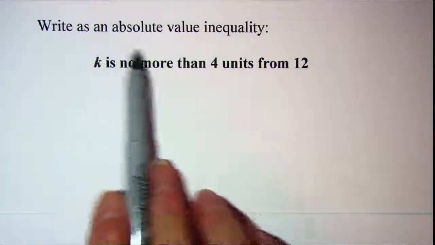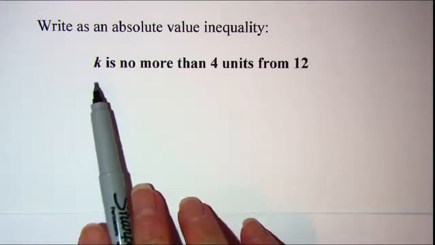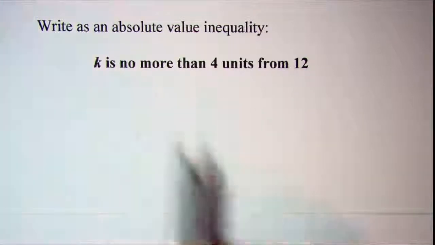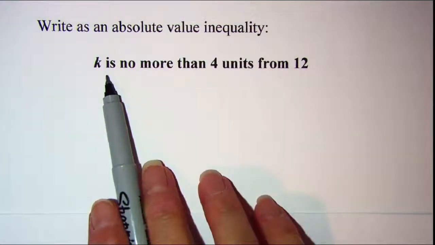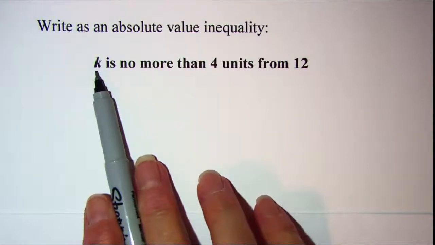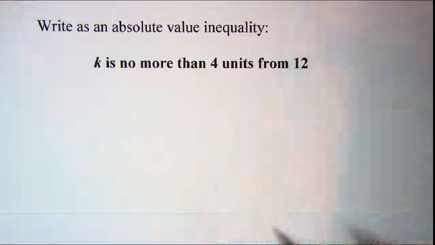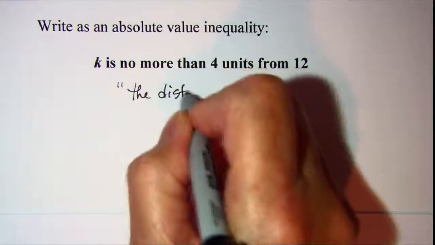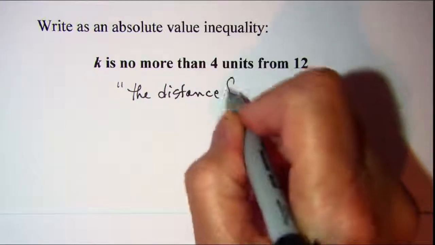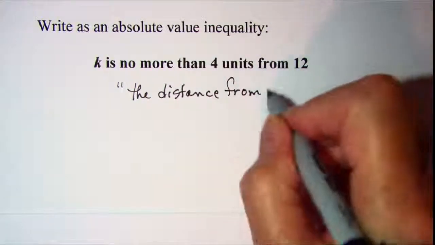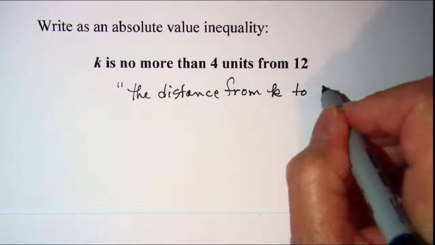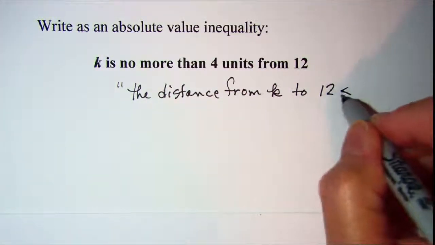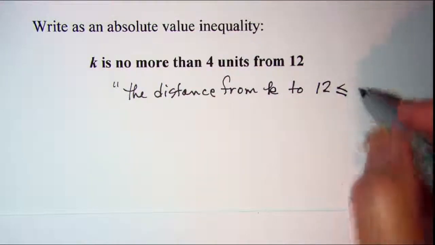So we're asked to write as an absolute value inequality, k is no more than 4 units from 12. So this is the same as saying the distance from k to 12 is less than or equal to 4.